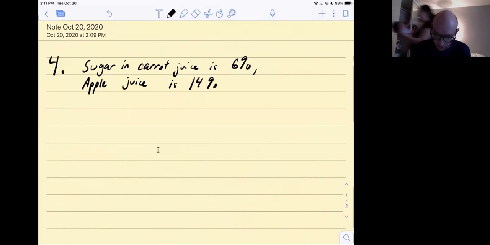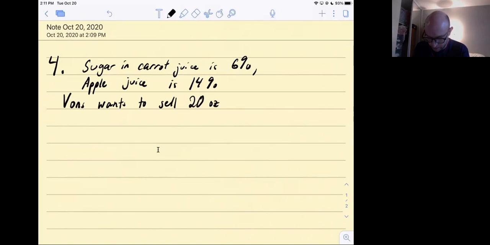Vons wants to make a 20-ounce bottle with a blended concentration of 8.4%. How much of each juice should be used in the blend?